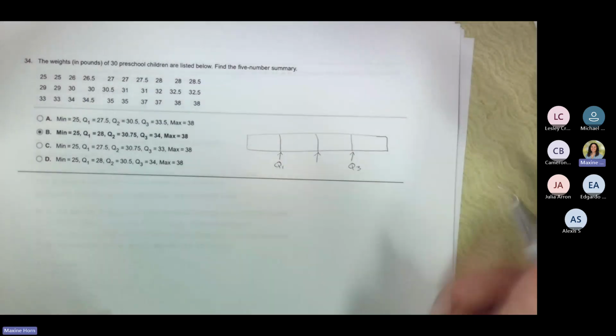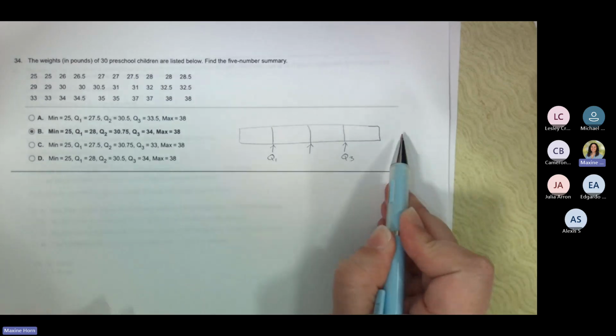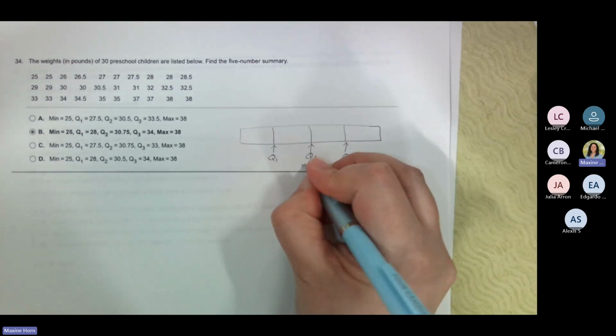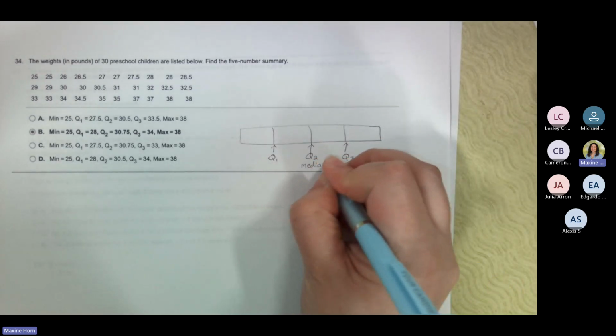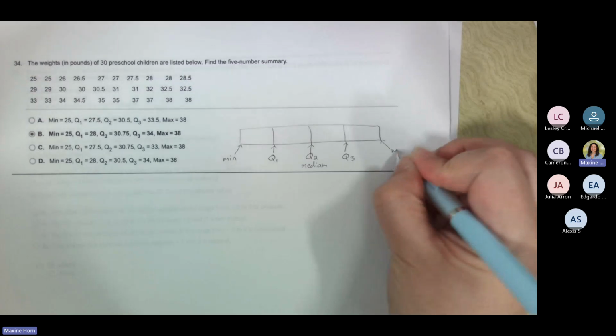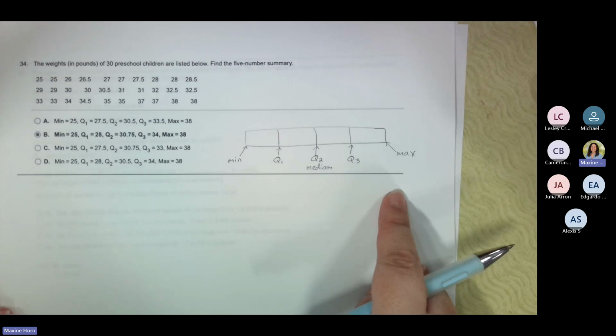The number that separates the bottom 50% from the top 50% of the numbers is your second quartile, which we talked about before, is also your median. And then you have the number over here is your minimum, and the number over here is your maximum. So these values are your 5-number summary, okay?